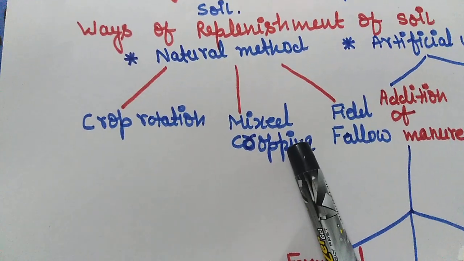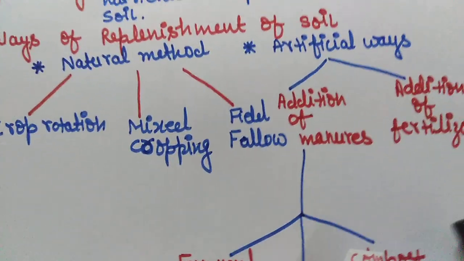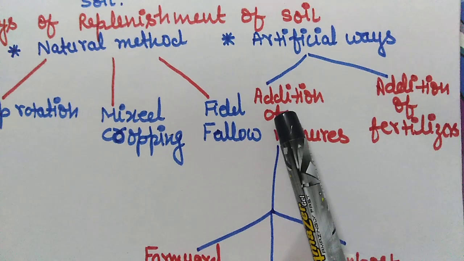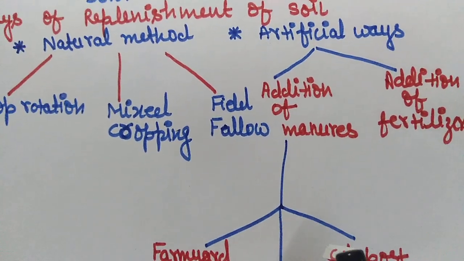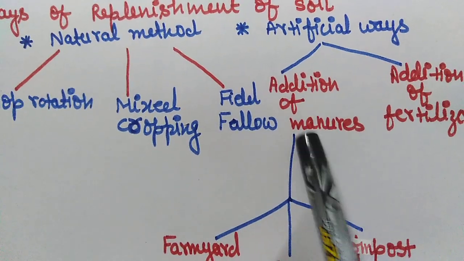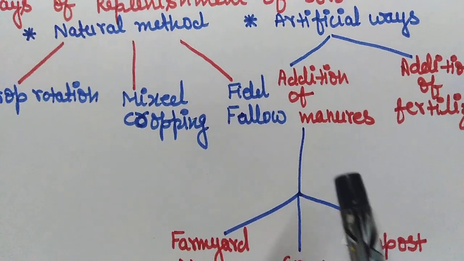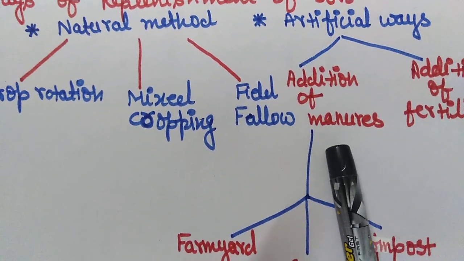After that, we have some artificial methods also, like addition of manures and addition of fertilizers. First, we will discuss addition of manures. What is addition of manures?